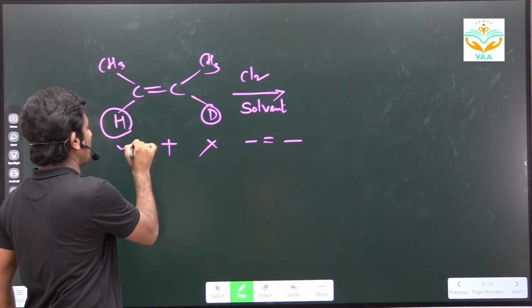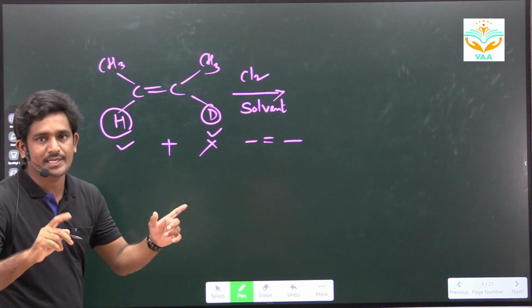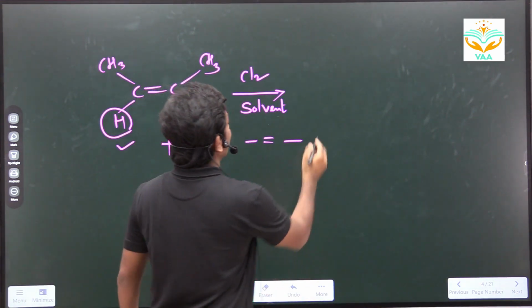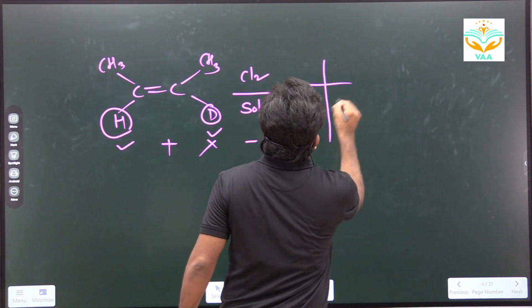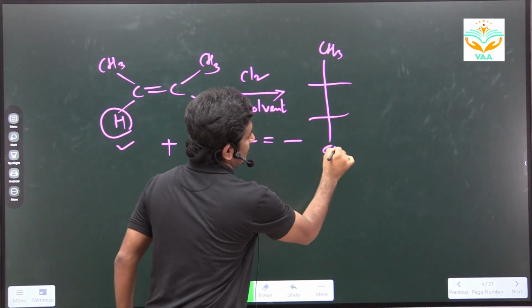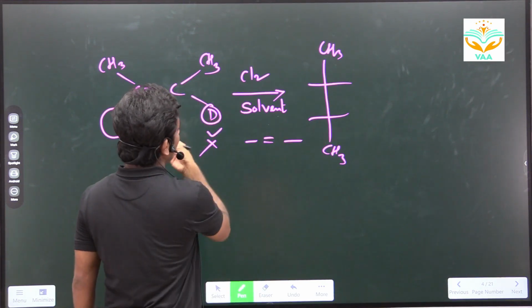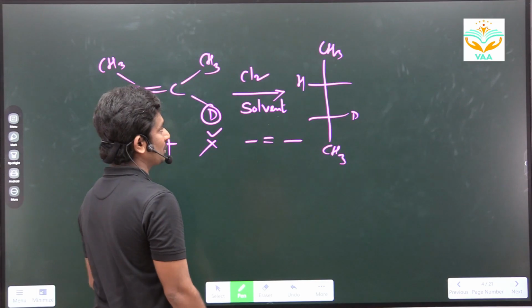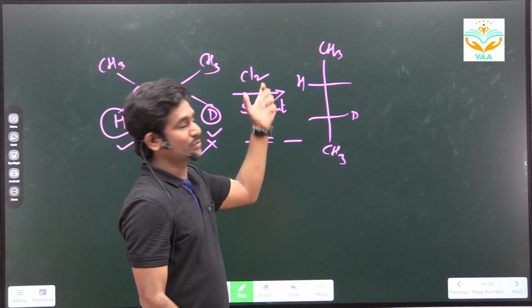That means these two atoms will come in opposite direction, like this. One hydrogen, one deuterium, they will come in opposite direction. So what are we adding here? Chlorine gas, so two chlorines.